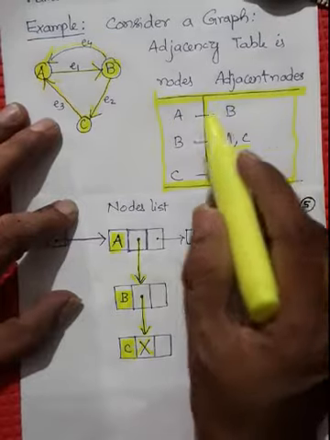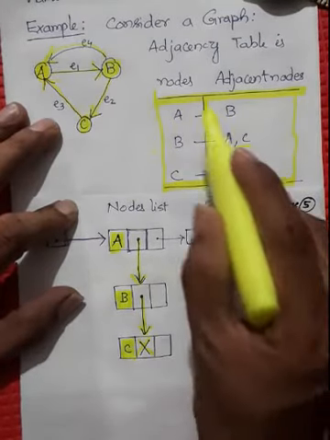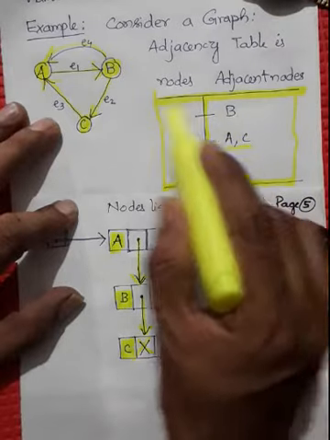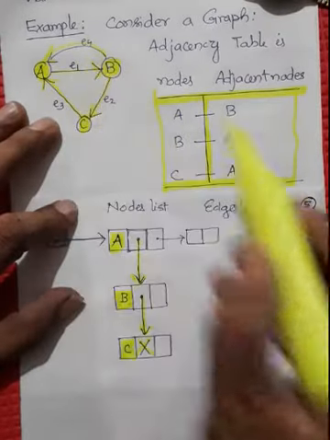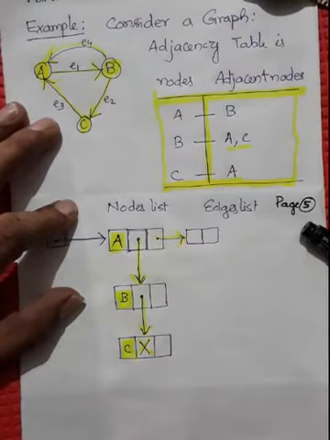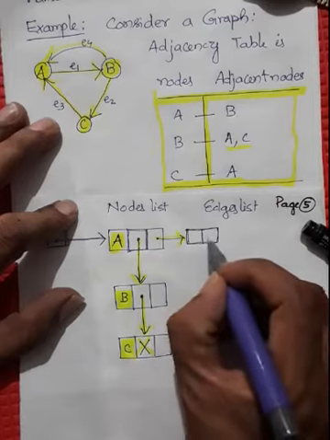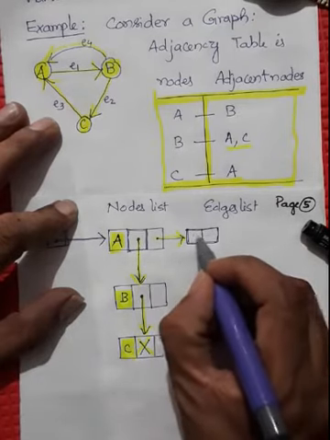Now based on the adjacent nodes, we have to create the edges. A to B both are adjacent, which means an edge exists from A to B, so A points to an edge list. In this edge list there are 2 parts.